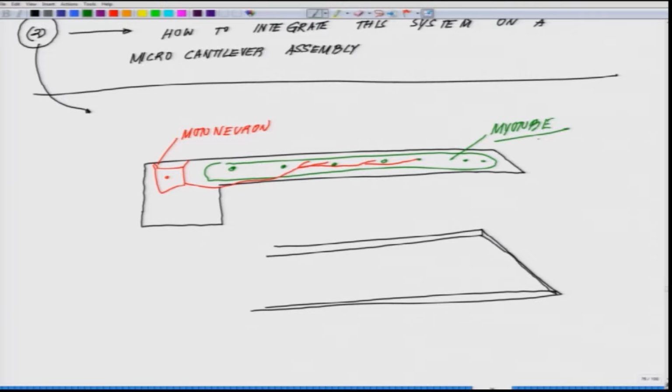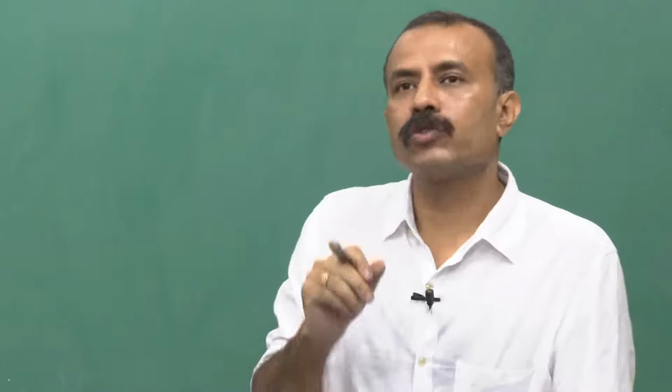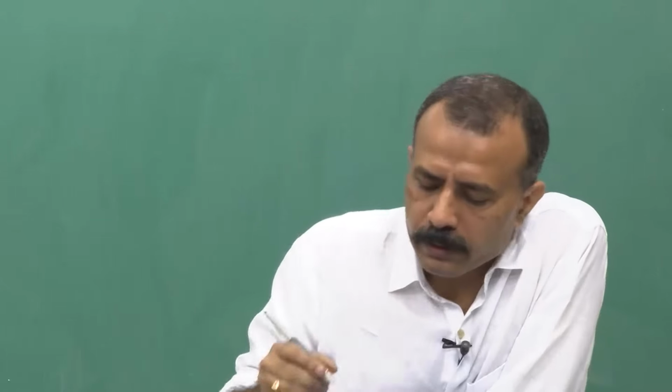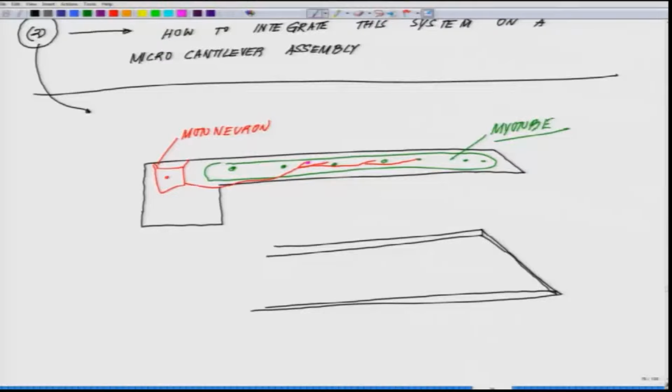Now, in order to do so, you are making this whole setup even more complex than it already is, because not only does this muscle have to interact with the neuron, or the neuron with the muscle, what is important is that they form the neuromuscular junctions here.